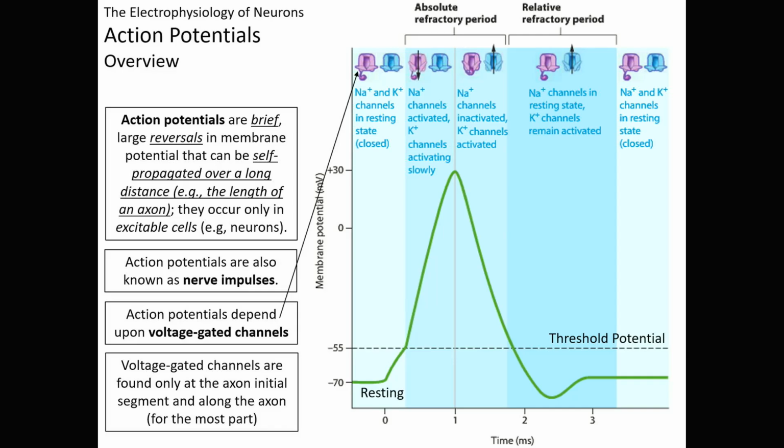So they're not allowing any sodiums or potassiums to currently pass through them. We do have to remember that we still have potassium and sodium leak channels, right? So they would be open because they are always open. That's their defining feature. And so that's what's establishing our resting membrane potential. But when we're at resting membrane potential, these voltage-gated sodium and potassium channels are closed.